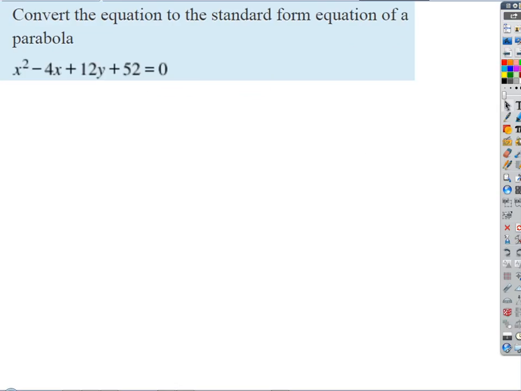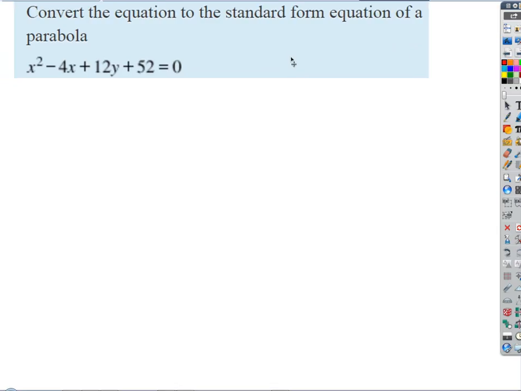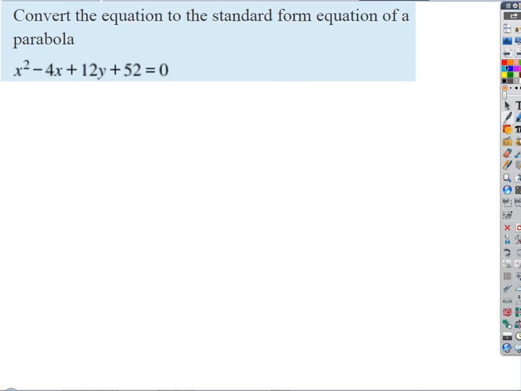And so we know that we're going to want to match this up to the standard form, (x minus h) squared equals 4p times (y minus k). So we want to collect all of the x terms together on the left side, and we'll push the other stuff to the other side. So we'll subtract 12y and subtract 52.